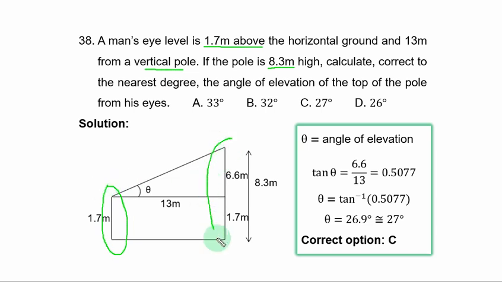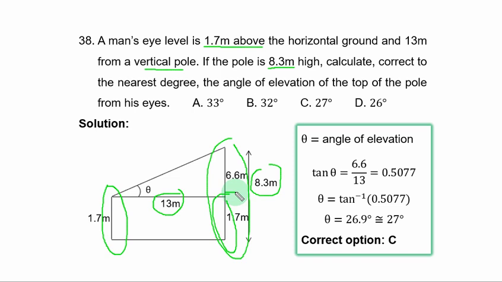You have a vertical pole. The distance between the man and the vertical pole is 13. The whole of the pole is 8.3 meters. Part of the pole is also the height of the man. If the whole length is 8.3, and part of it is 1.7, the remaining part is 6.6. That is 8.3 minus 1.7.